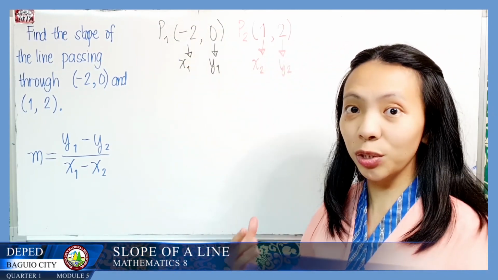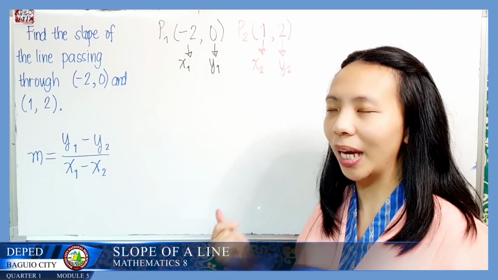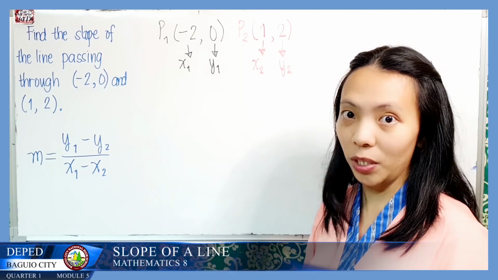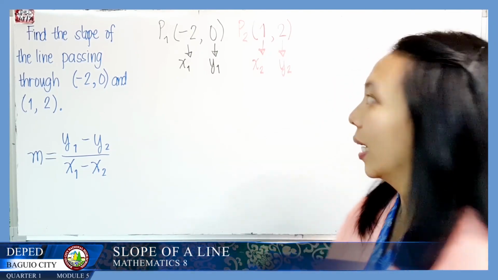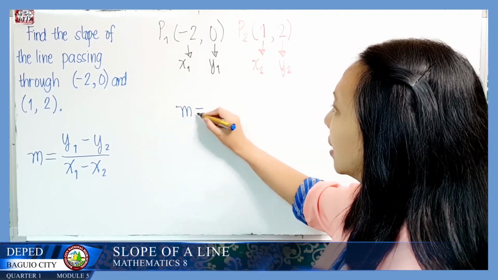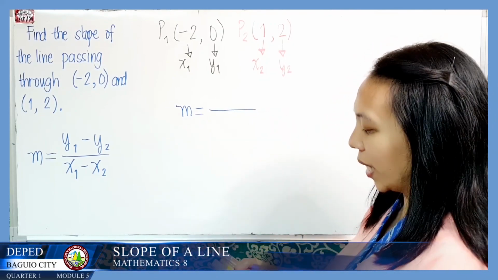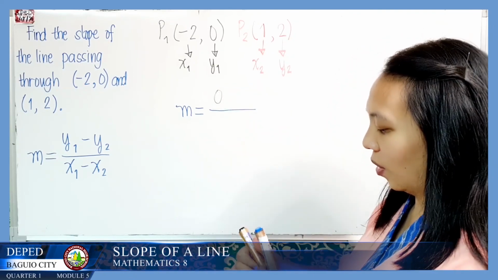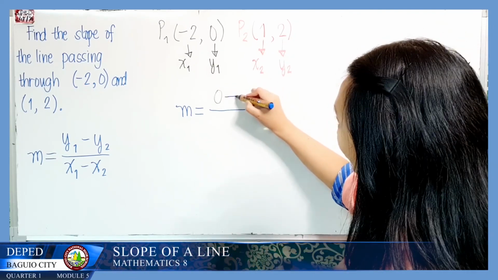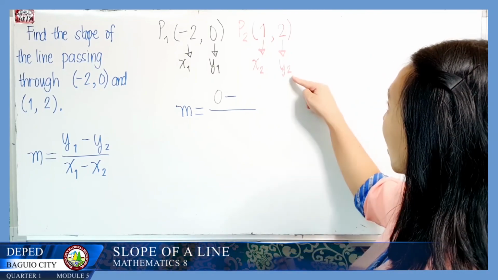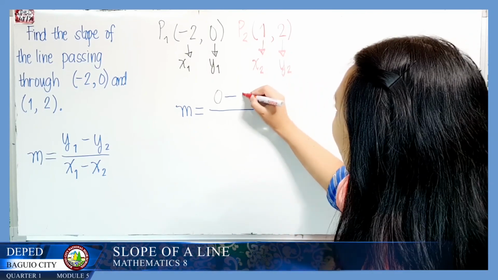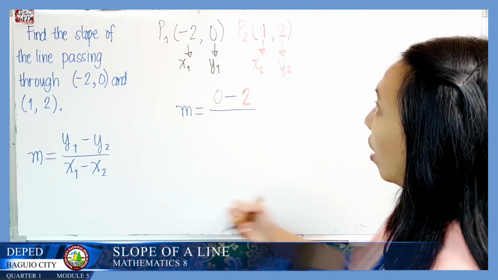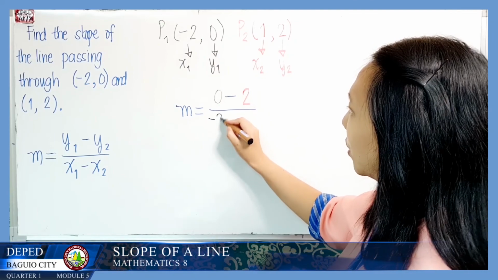Let us substitute the coordinates in our slope formula. We have m is equal to y sub 1, which is 0. The operation is subtraction, and y sub 2 is 2. That would be all over x sub 1, which is -2.